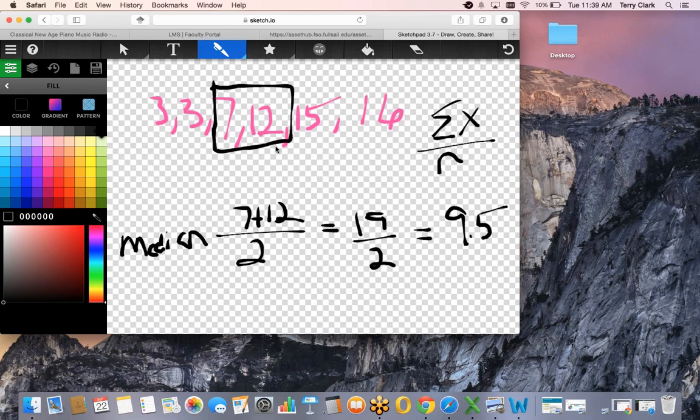Then we add the 19 to the 16, which gives us 35. Then we add the 35 to the 15, and that gives us 50. Then we add the 50 to 3 plus 3, which is 56. So that's going to give us 56 divided by 6.